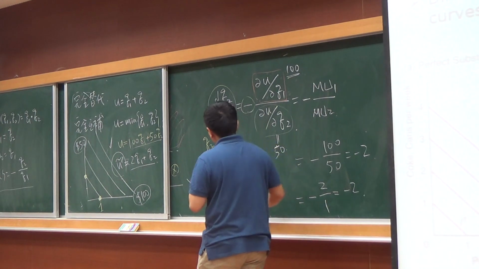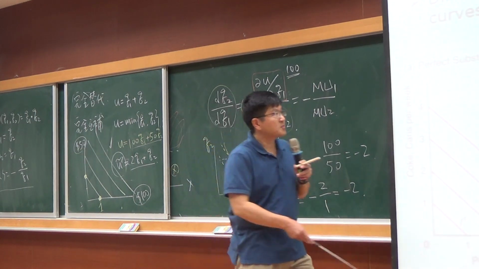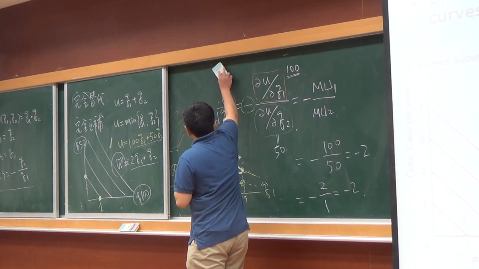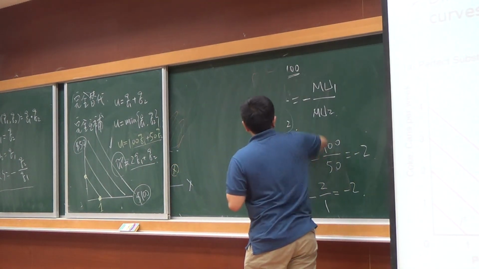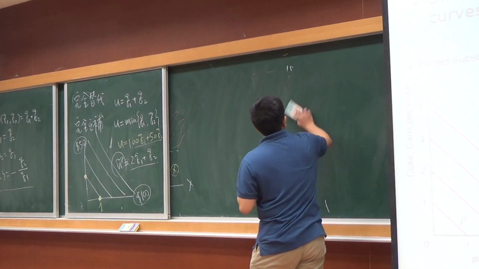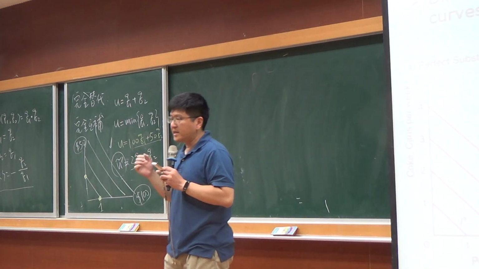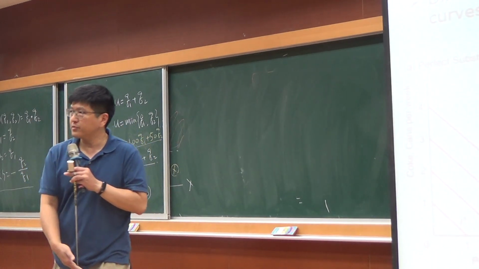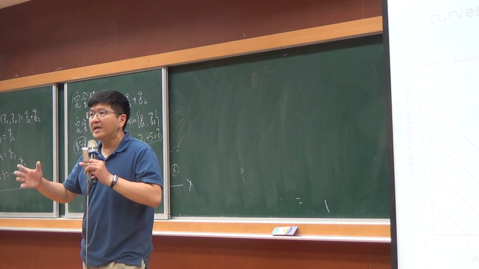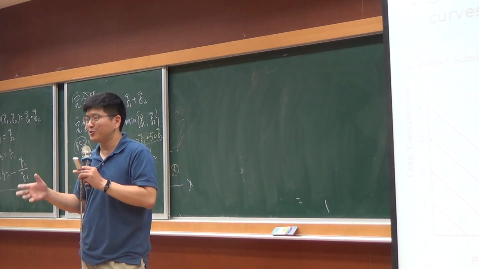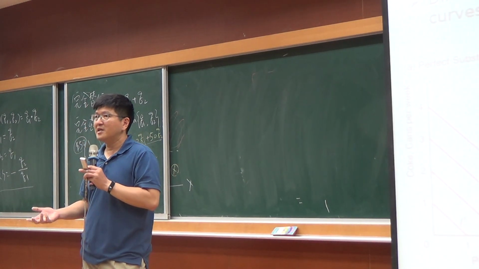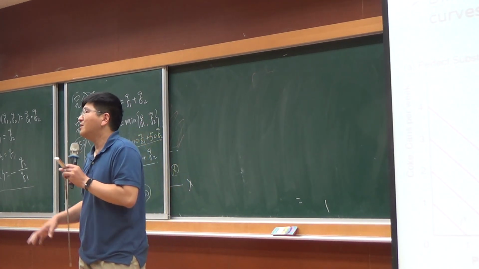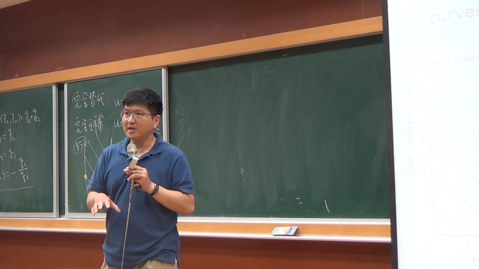Alright, the last example, I'd like to explain perfect complements. If you want to buy shoes, you got right shoes and left shoes, right? If you want to buy a pair of shoes, it consists of one right shoe and one left shoe, right?